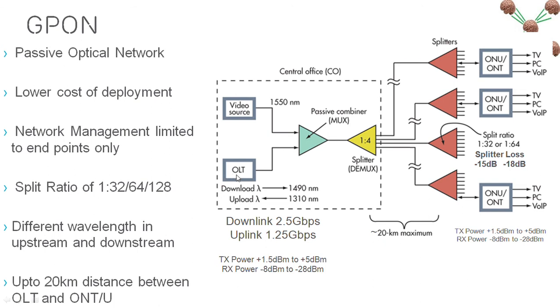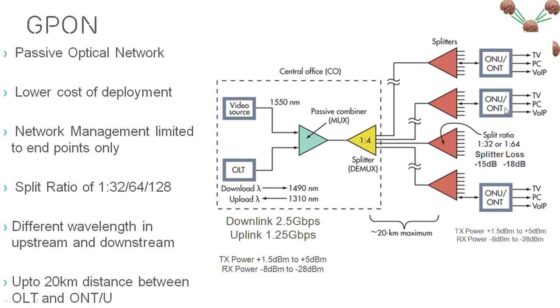One side of the boundary is the OLT, which is in your provider's building, like the operator's building, and the ONU or ONT is on the subscriber side. For example, this is your home, your TV, your PC, and if you have a VoIP phone, they are all connected to the ONT.